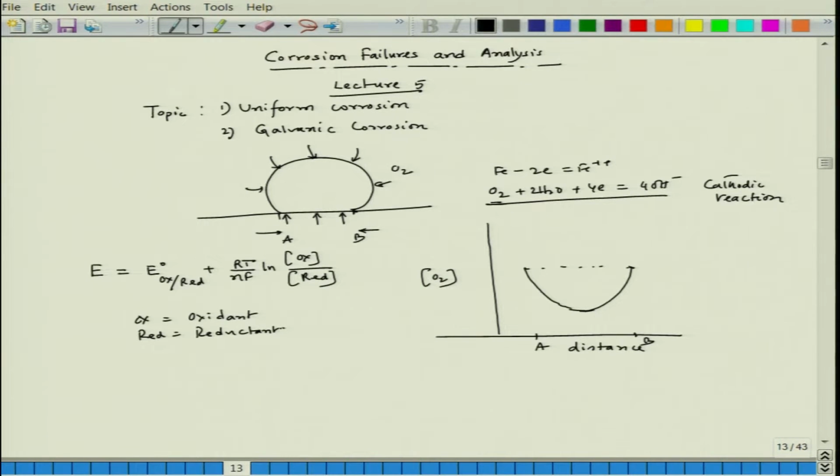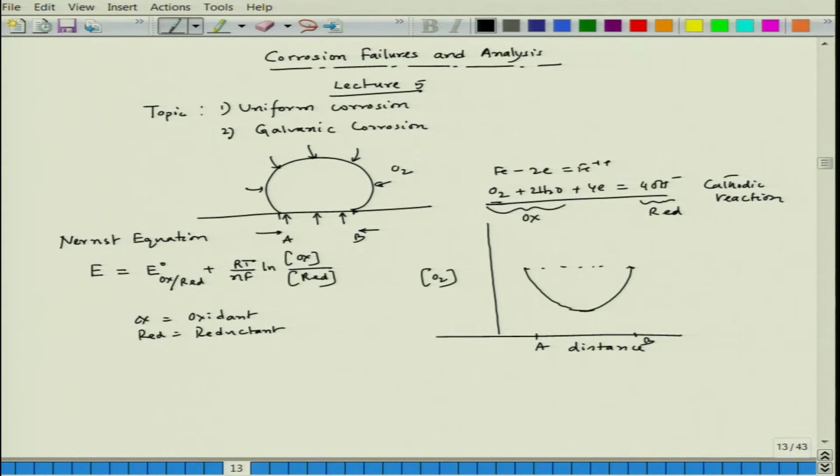So, this is the Nernst equation. In this reaction, this part is ox and this part is red, the reductant.